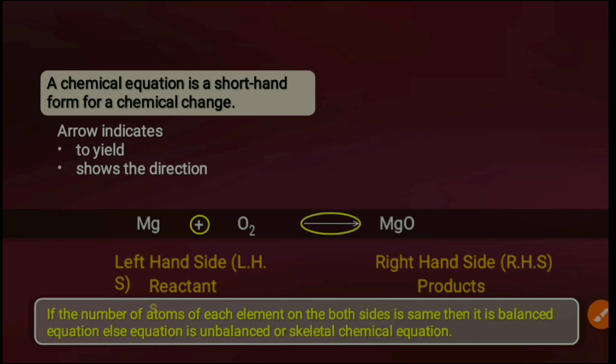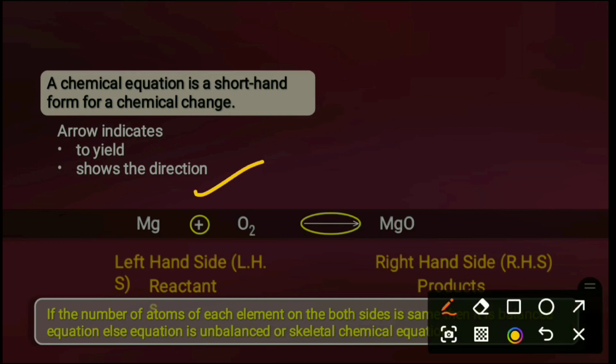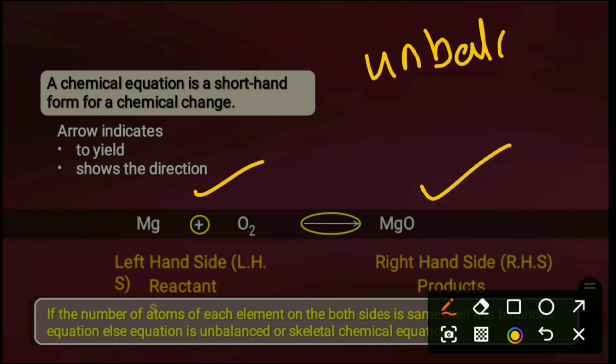If the number of atoms of each element on both sides is the same, then it is a balanced equation. Else the equation is unbalanced, or a skeletal chemical equation. What I mean basically, see here all of you: if the number of atoms of an element is not the same on the RHS and LHS, it means unbalanced. Unbalanced means not the same.